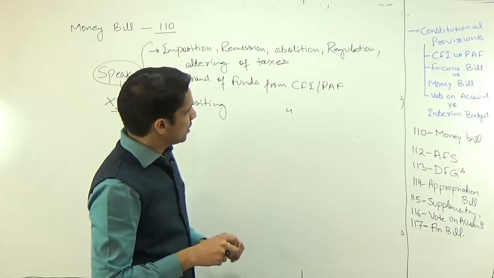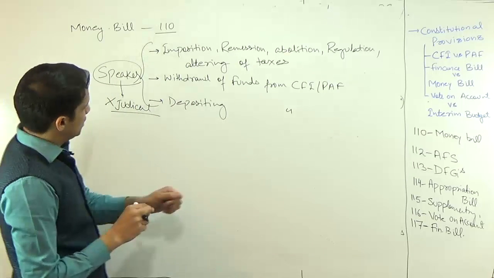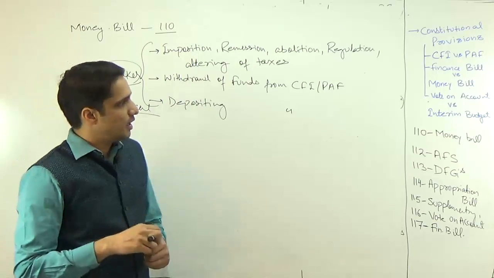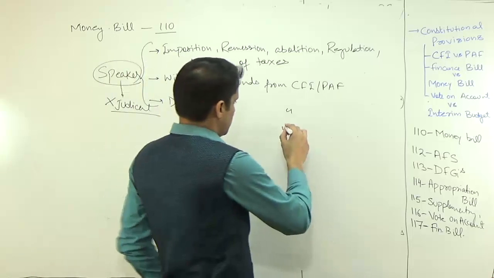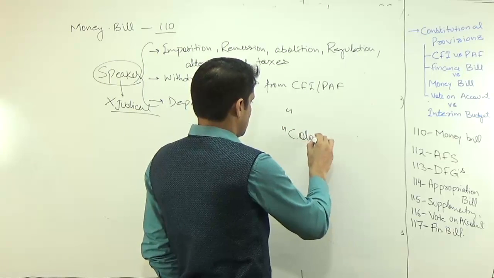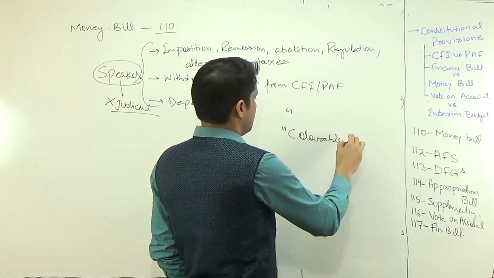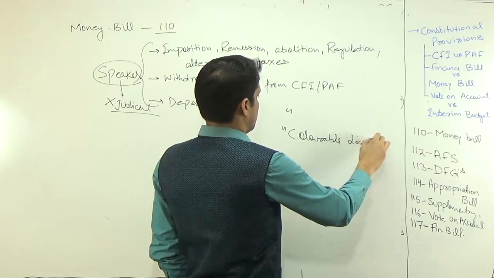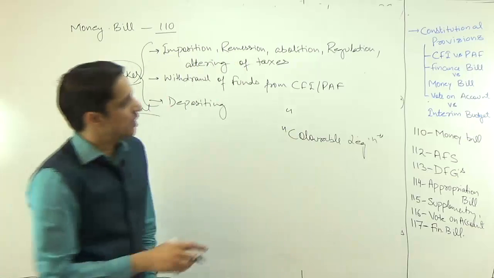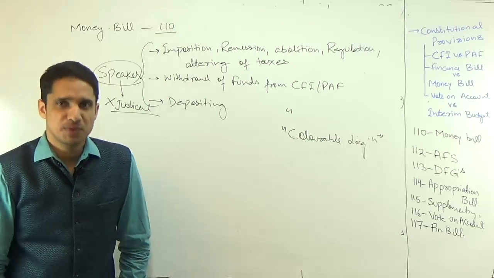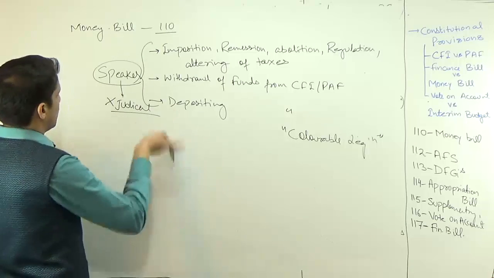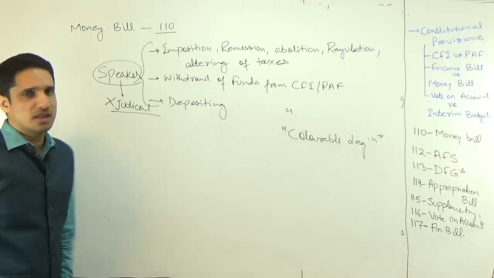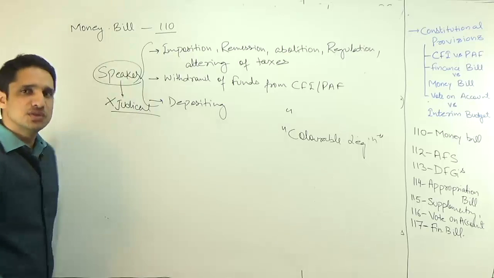Members of opposition parties were saying that the passage of the Aadhaar bill as money bill is an example of colorable legislation. It means the purpose of money bill is something different, but you passed the Aadhaar bill as a money bill for a different purpose, because the final say is decided by the Speaker, and this cannot even be challenged in the judiciary.